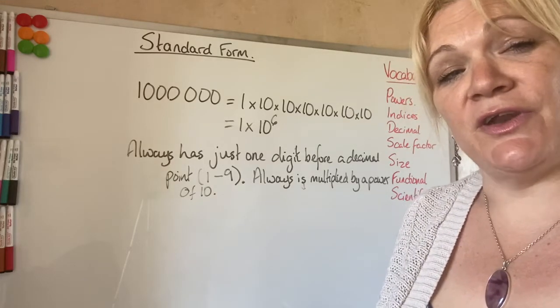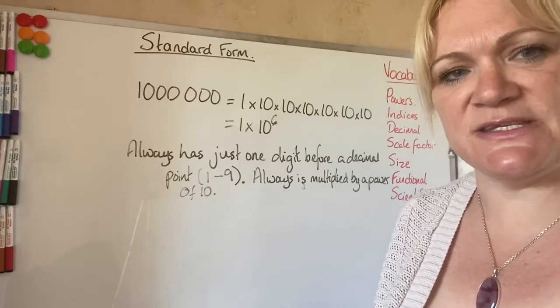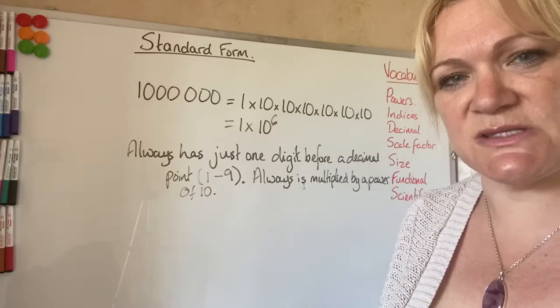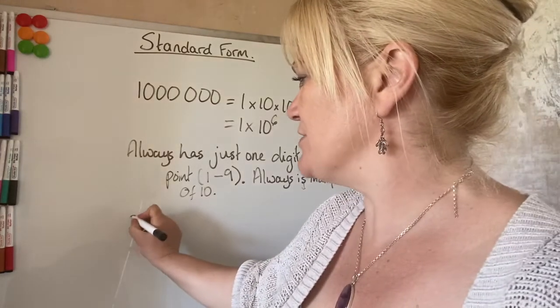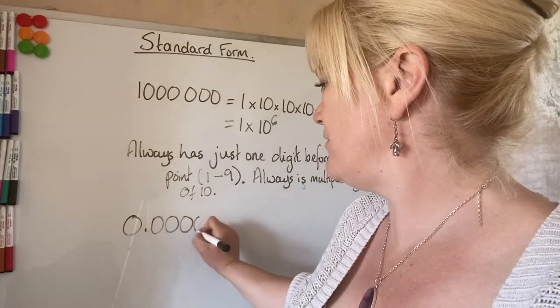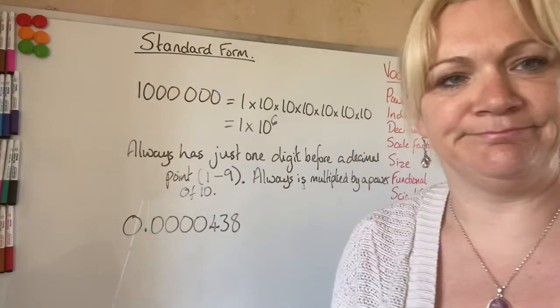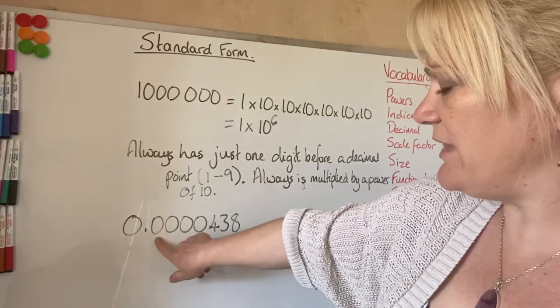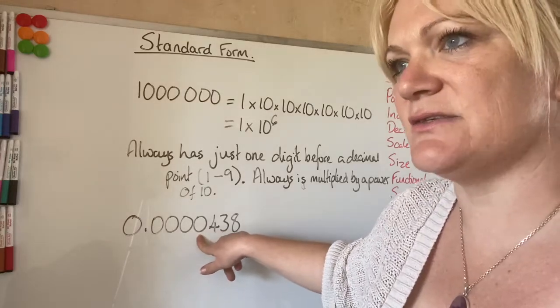If we have very, very small numbers, that sometimes feels a little bit different. So we'll just do a couple of examples with some very small numbers. For example, let's imagine I've got 0.0000438. Okay, so I've not got anything in my tenths, hundredths, thousandths, 10,000ths column.